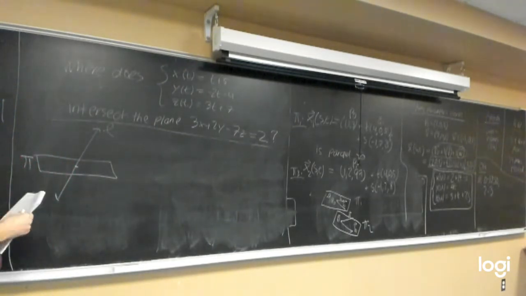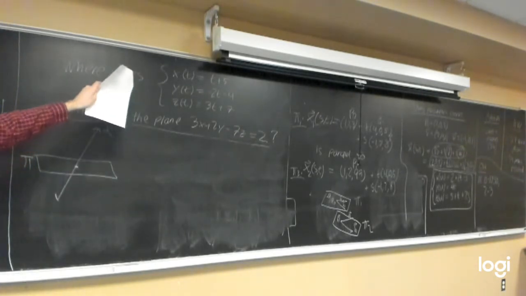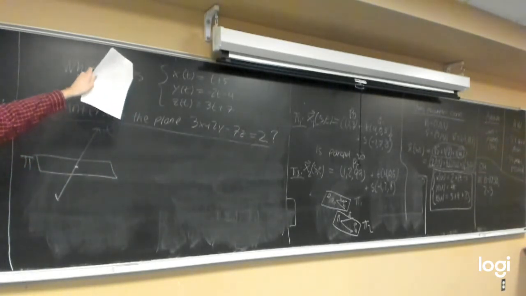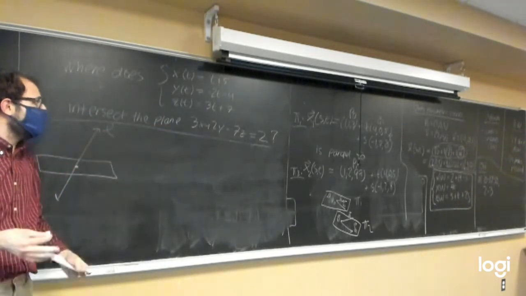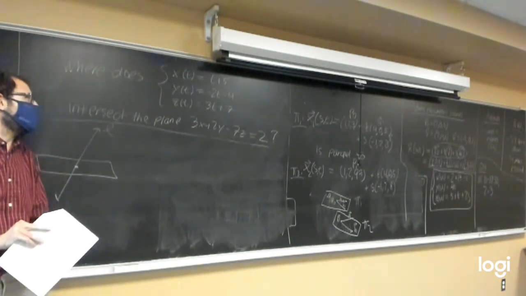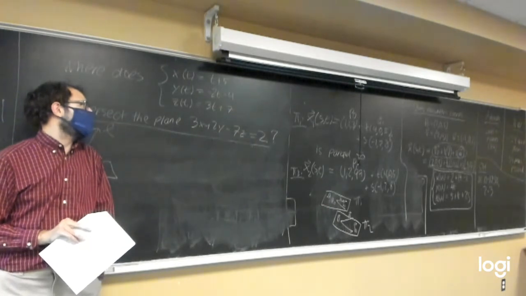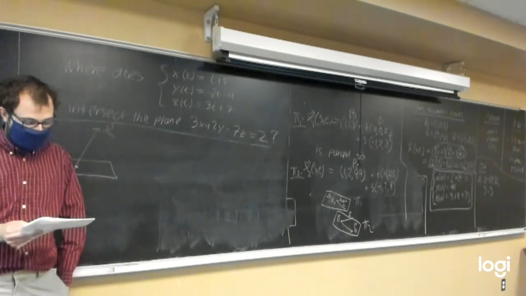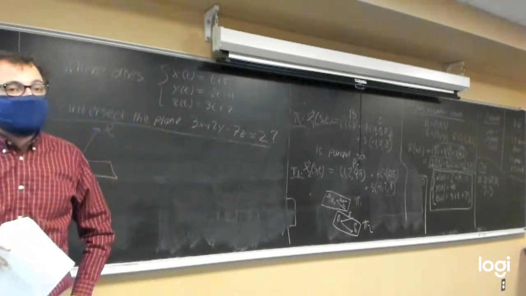I would like to find this point right here, which is both a point on our plane, 3x plus 2y minus 7z equals 2, and on the line x of t, y of t, z of t equals t plus 5, negative 2t minus 4, 3t plus 7.